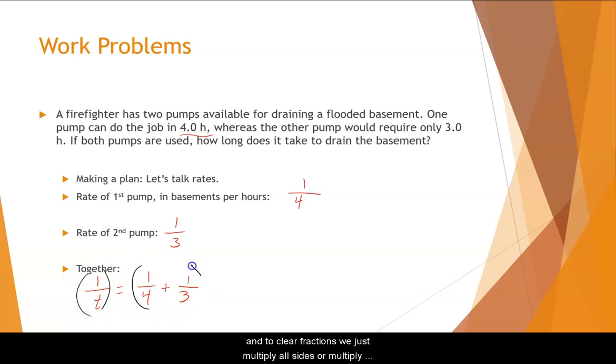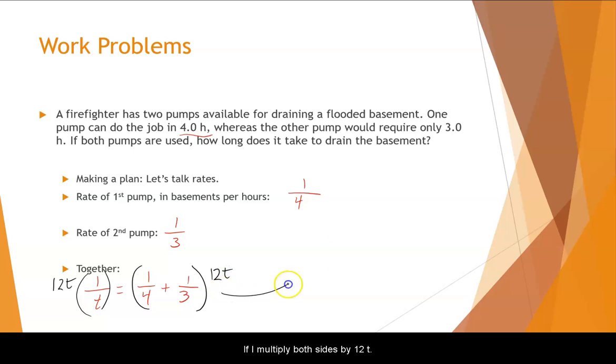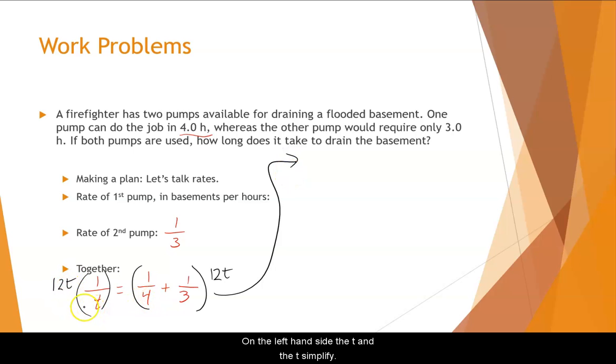And to clear fractions, we just multiply both sides by the common denominator. When you're finding the common denominator, don't forget about your variable. The common denominator is not just 12, which is what 4 and 3 fit into, but 12t. So if I multiply both sides by 12t, on the left-hand side, the t and the t simplify, and we're left with 12 times 1, or just 12.